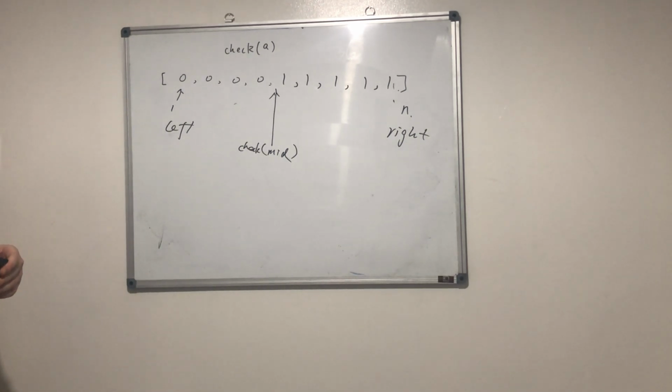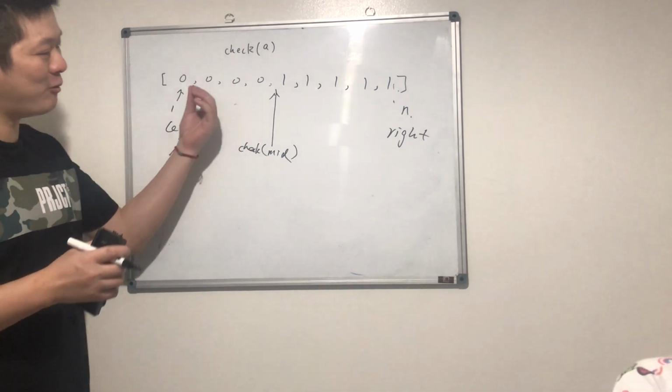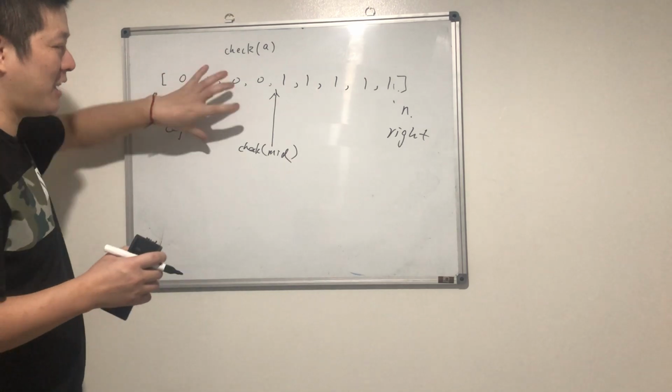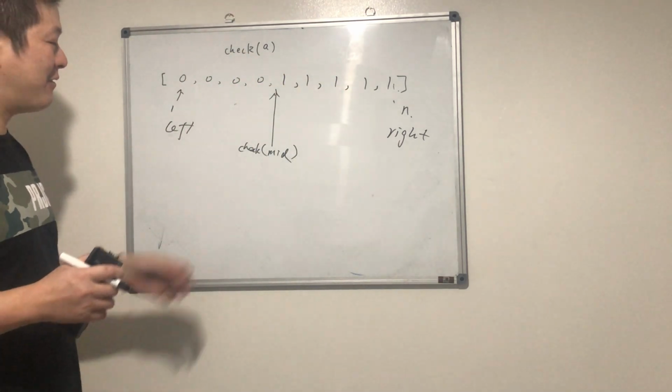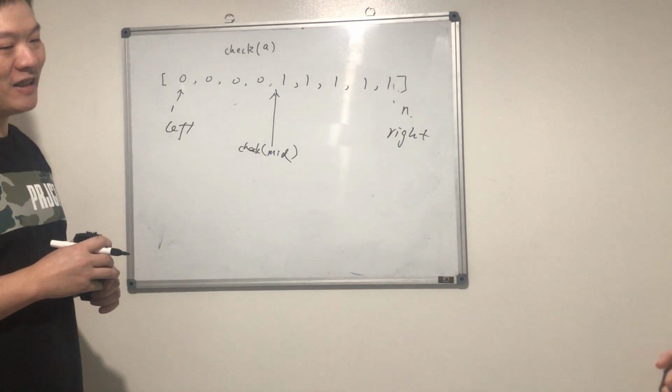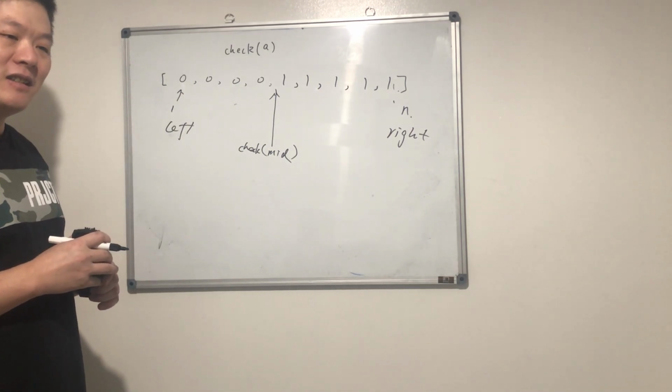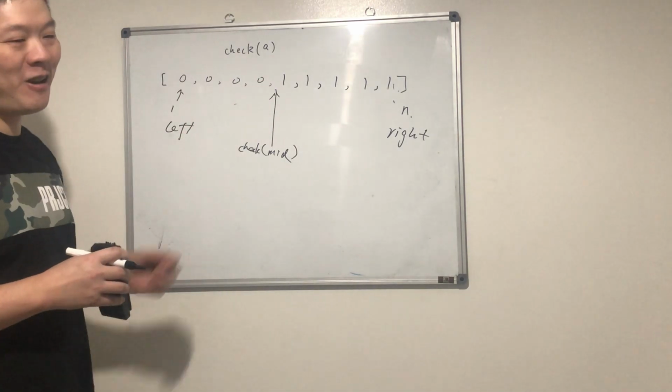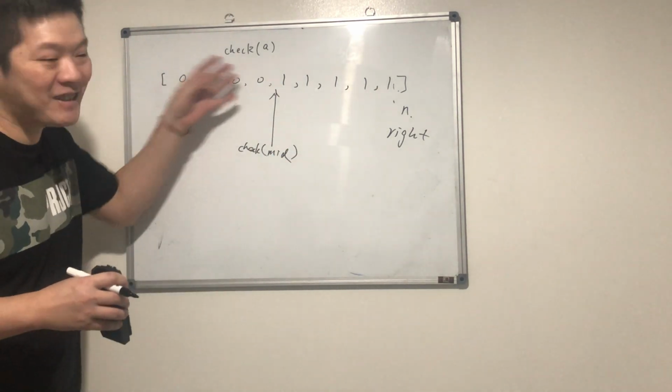Where is the answer? Is it in the left part or the right part? If check middle is 0, of course the answer is in the right half, because it's 0.